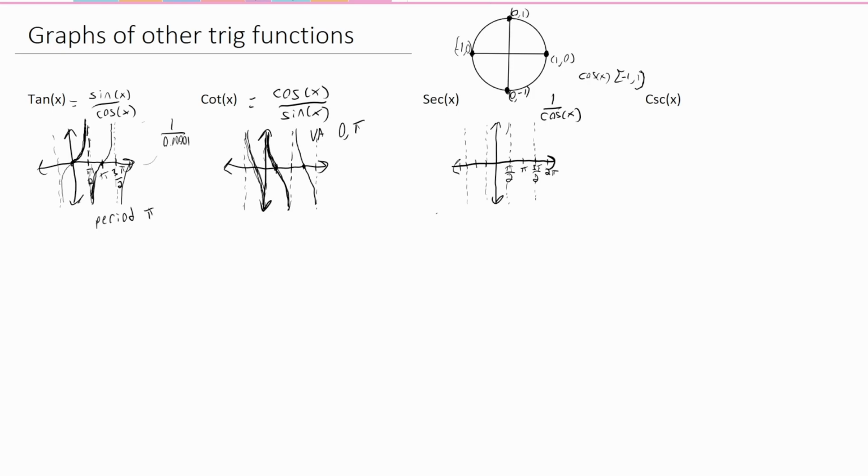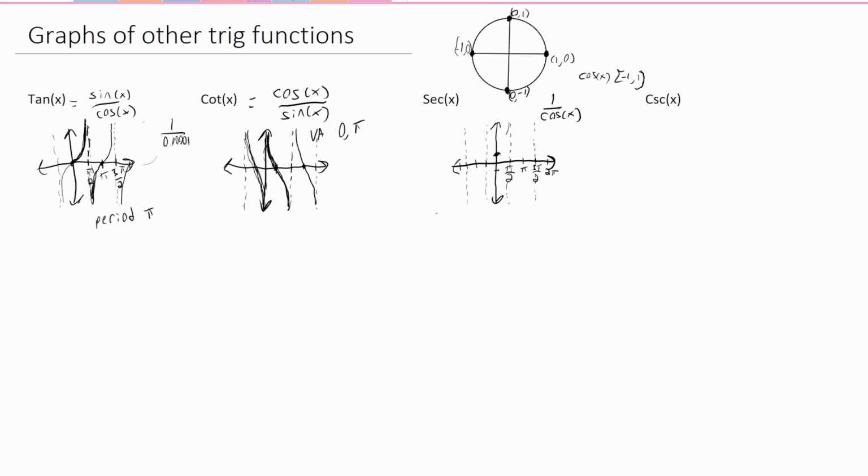And so what I mean by that is if we look at this first point where we could plug in 0, the cosine of 0 is 1, and so we're going to get 1 divided by 1. So that means at the 0 point, we're going to get a point here at 1. So if this is 1 and this is -1, we're going to get +1 here because 1 divided by 1.